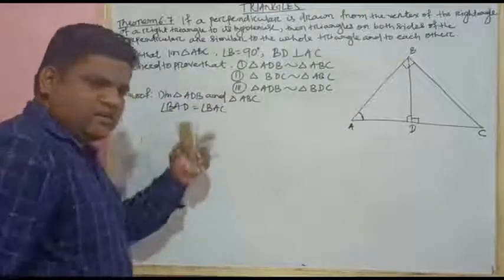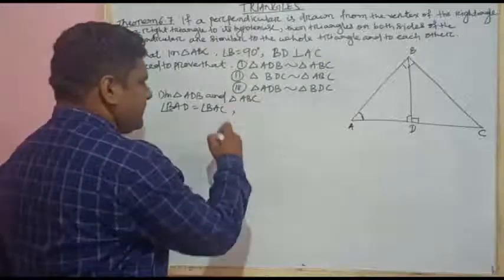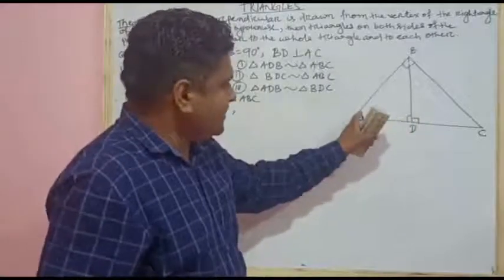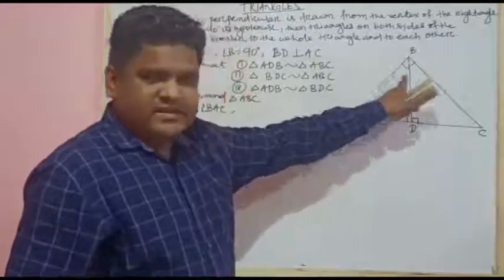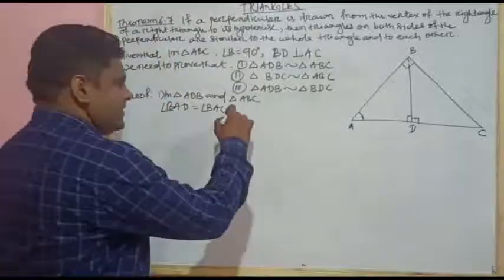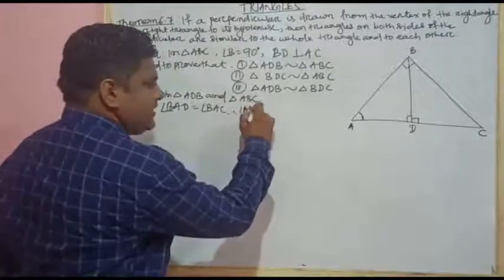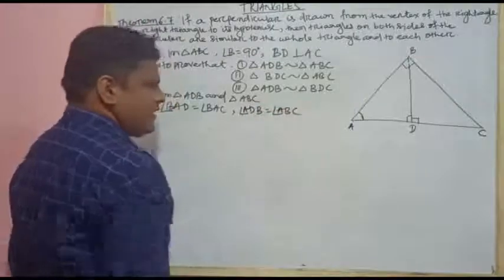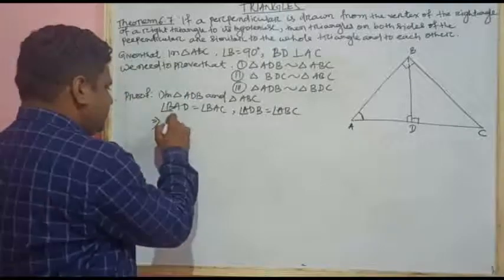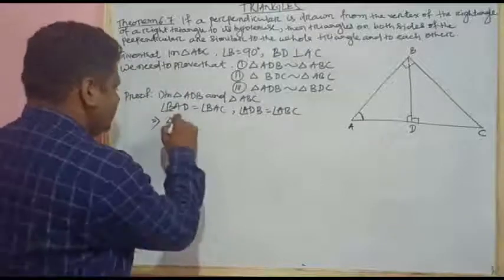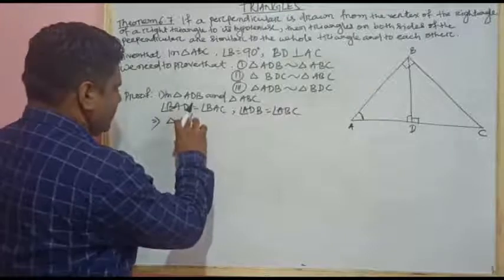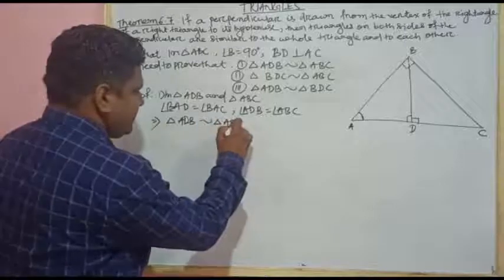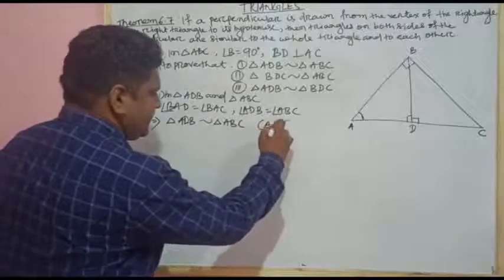It is a common angle for both the triangles. Second, in triangle ADB, angle D is 90 degrees, and for triangle ABC, angle B is 90 degrees. So we can write angle ADB is equal to angle ABC. Both are right angles. So this implies that triangle ADB is similar to triangle ABC by AA similarity.